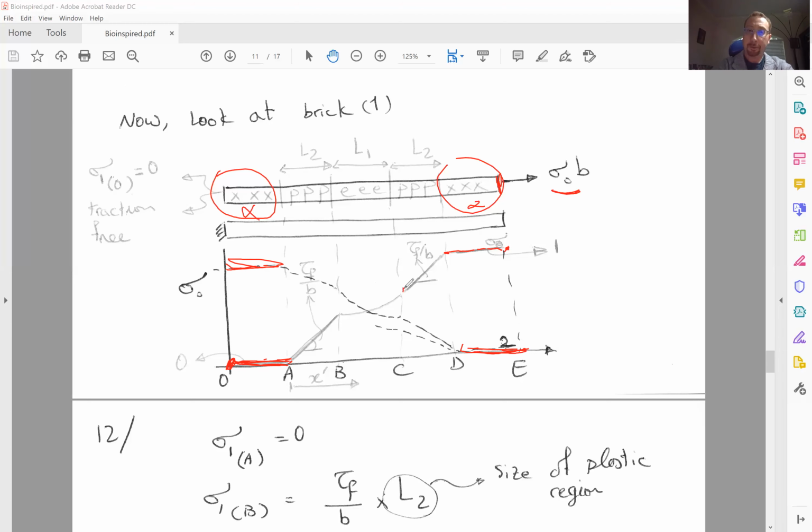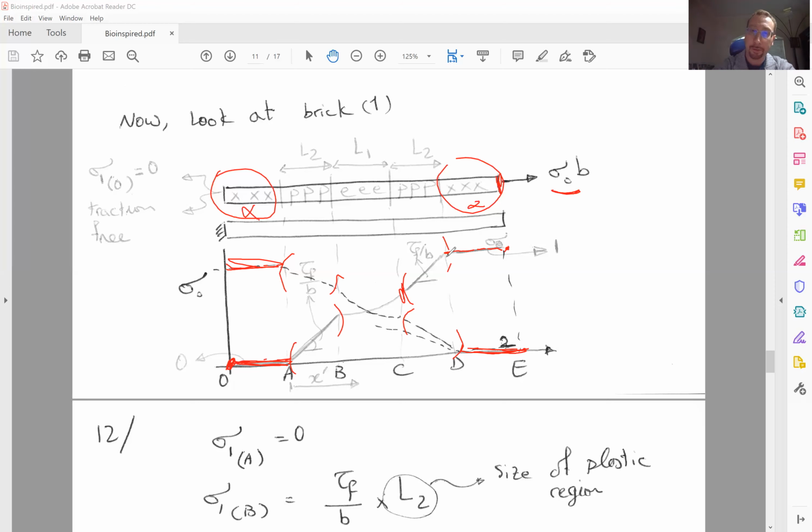Now, from here to here, or here to here, this is the region where the mortar has deformed plastically, which means d sigma 1 dx is tau f divided by b, and d sigma 2 dx is minus tau f divided by b.